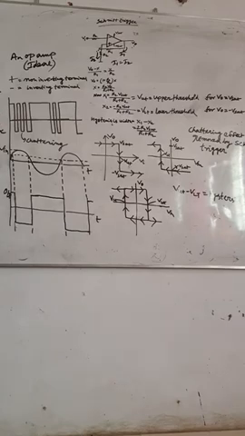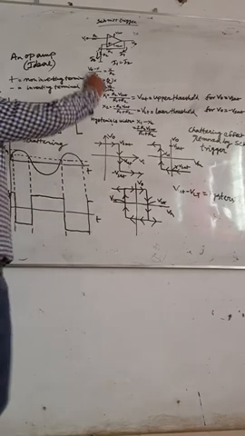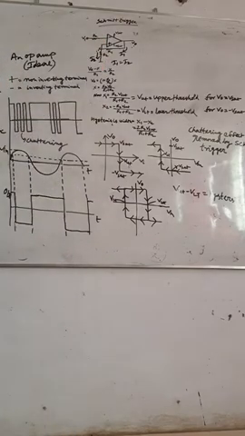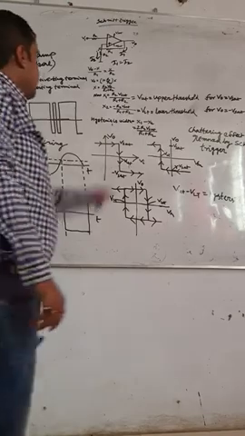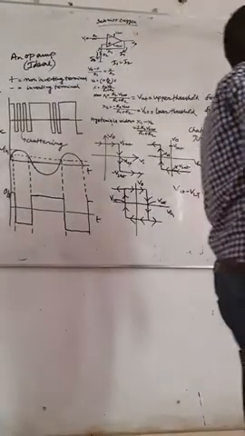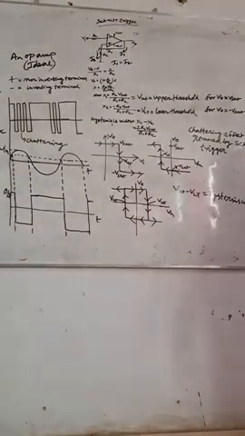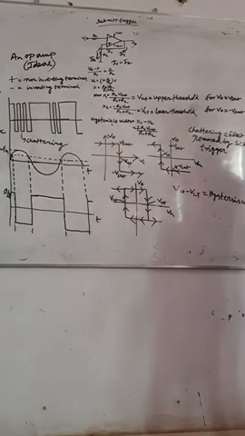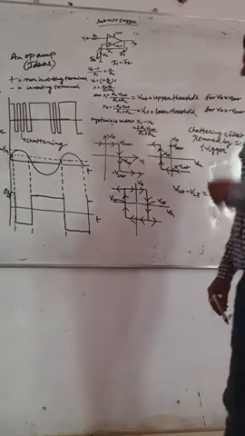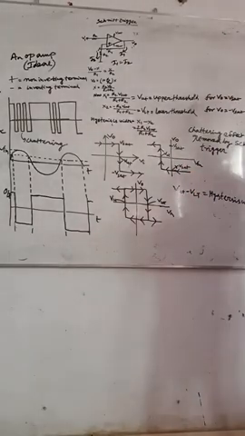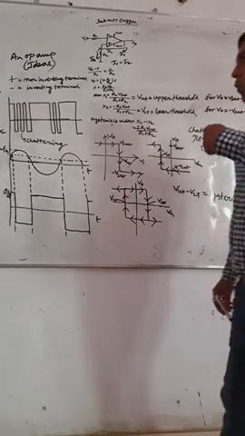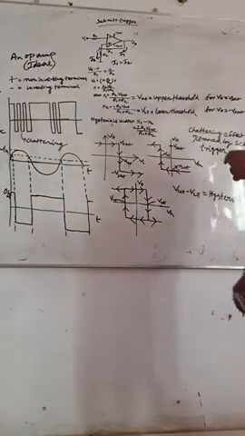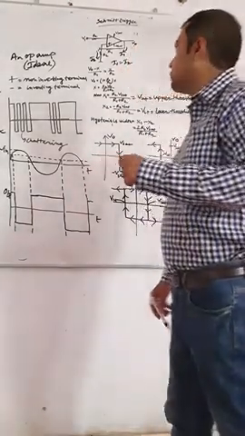So no current is flowing, that means we will assume this voltage and this voltage are equal in potential. So you can find out the output by using this voltage. You will see the output will be restricted between plus Vsat to minus Vsat, that means plus saturation voltage to minus saturation voltage.